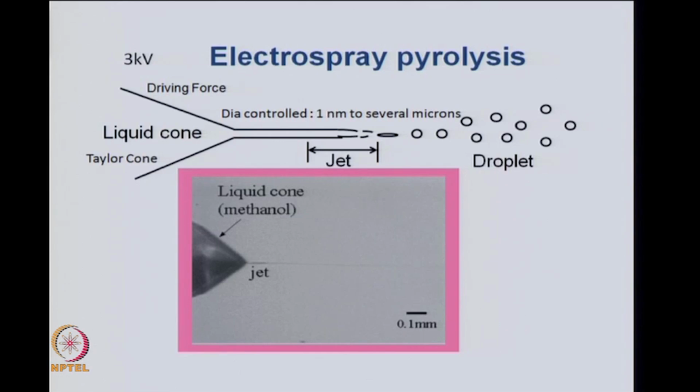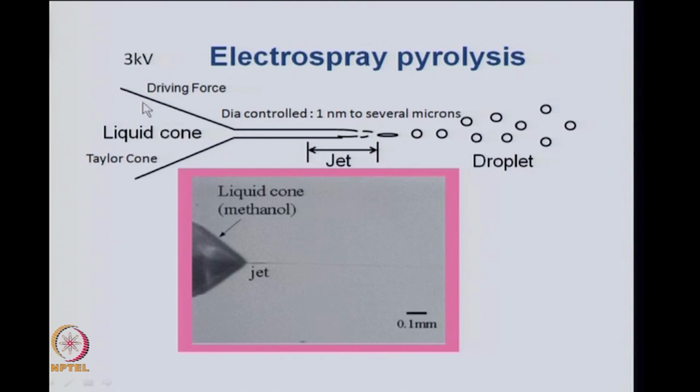The last method that I will discuss here today is the electrospray pyrolysis, where you apply an electric field to a liquid. Suppose a liquid is coming out of a tube here, you apply an electric field of around 3 kilovolts. Because of the electric field, the liquid becomes conical in shape. So, it was flowing in a tube which is cylindrical, and then it becomes conical because you have applied an electric field.